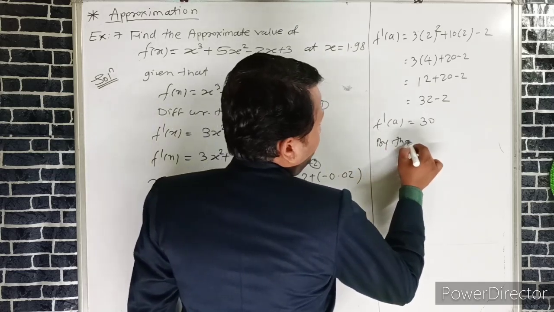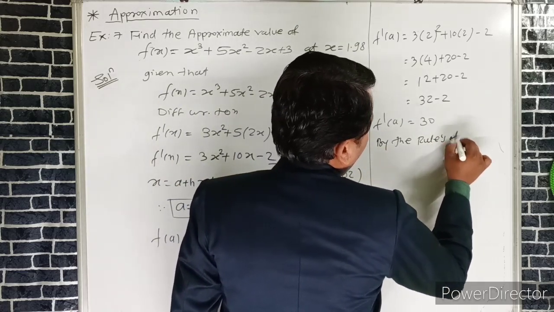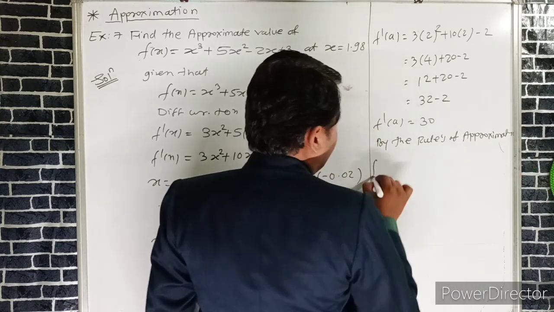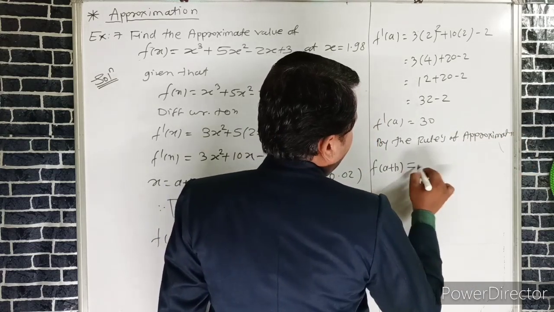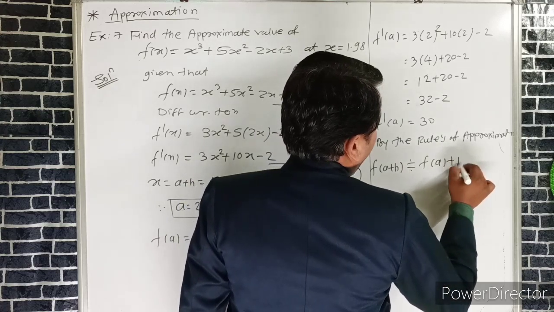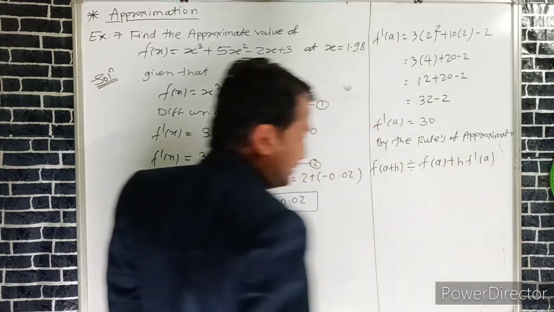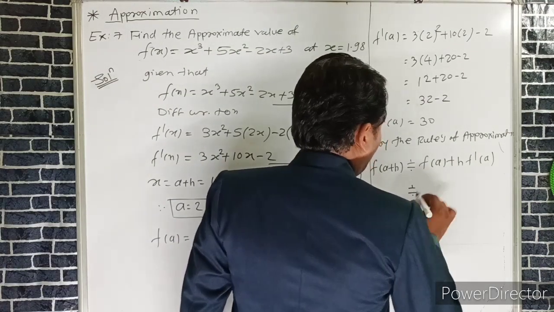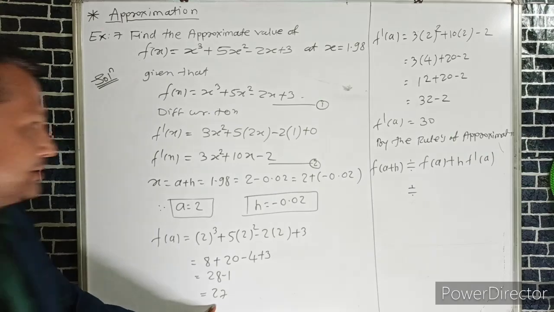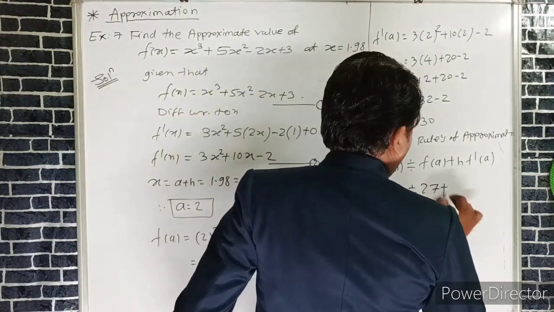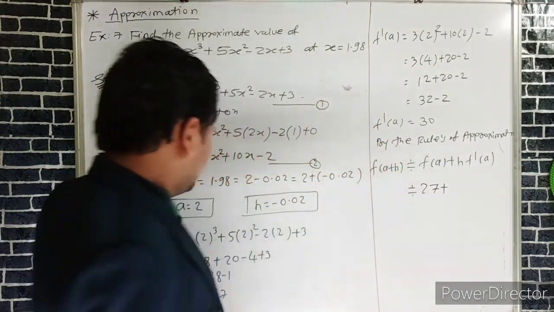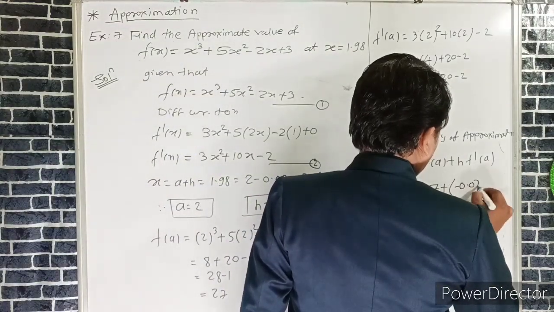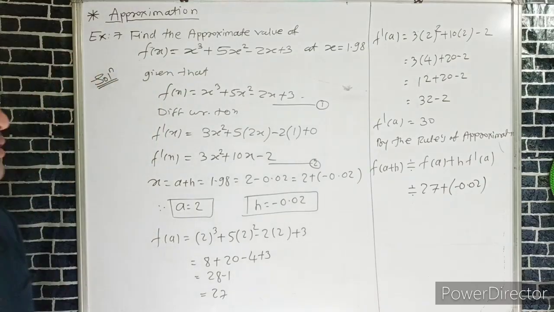Therefore, by the rules of approximation, we can write f of a plus h is approximately f of a plus h into f dash of a. So here the value of f of a is 27 plus h, which is minus 0.02, into f dash of a, which is 30.